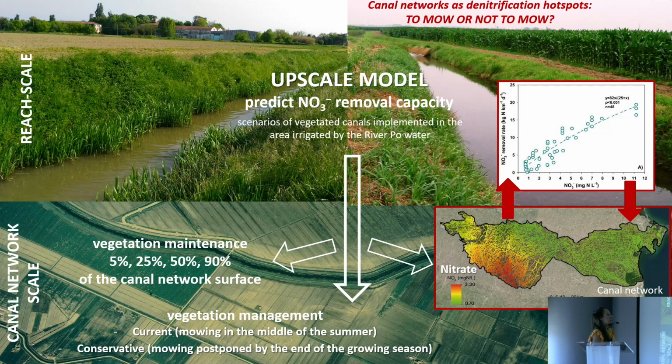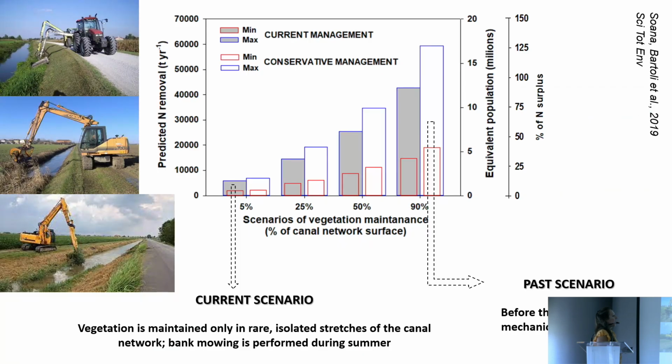The scenarios differ, for example, in the level of nitrate in the canals, but also in the extent of canal network where aquatic vegetation is maintained, from 5% to 90%, and also in the type of vegetation management. For example, the current management, where mowing is performed in the middle of the summer, versus a conservative management, where mowing is postponed to the end of the growing season.